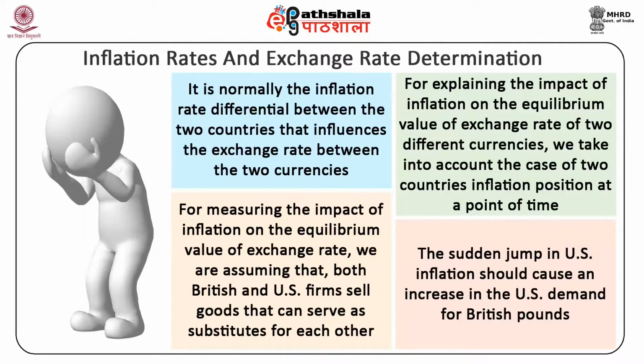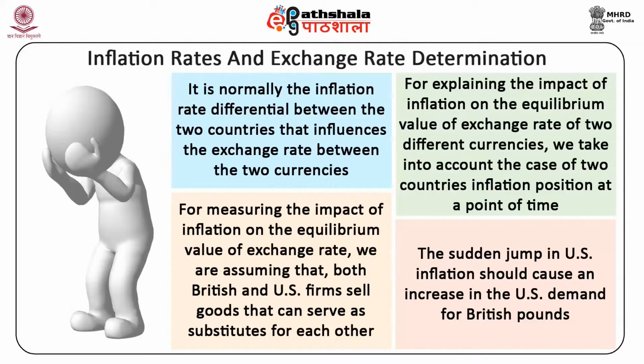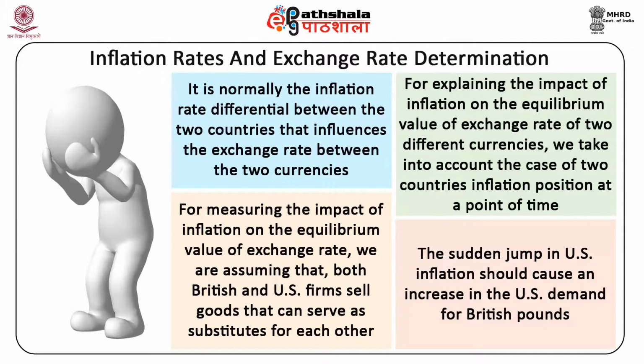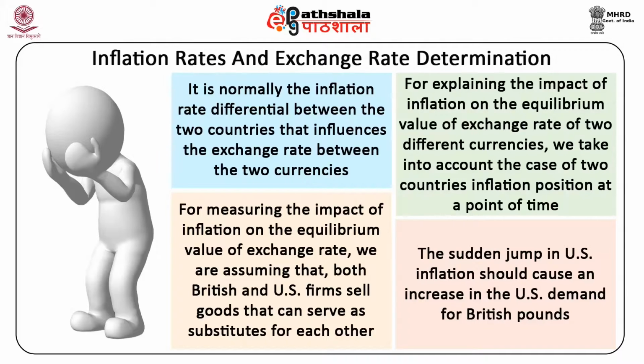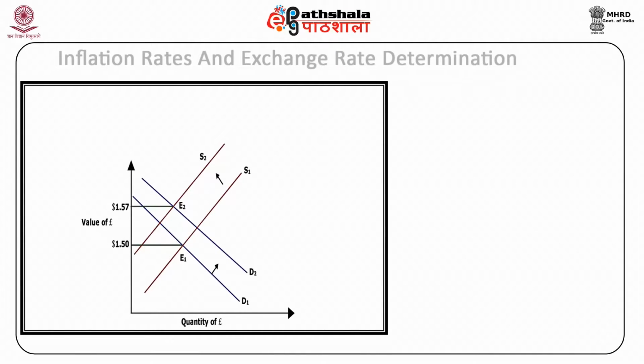The sudden jump in US inflation should cause an increase in the US demand for British pounds. In addition, the jump in US inflation should reduce the British desire for US goods and therefore reduce the supply of pounds for sale. These market reactions are explained in the above figure.